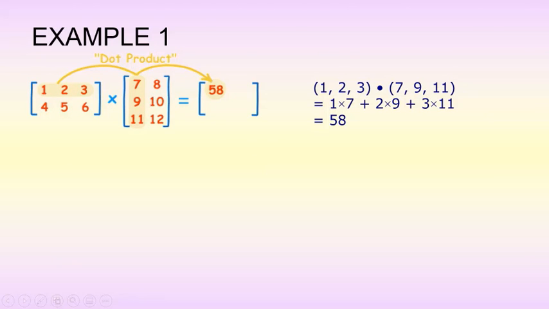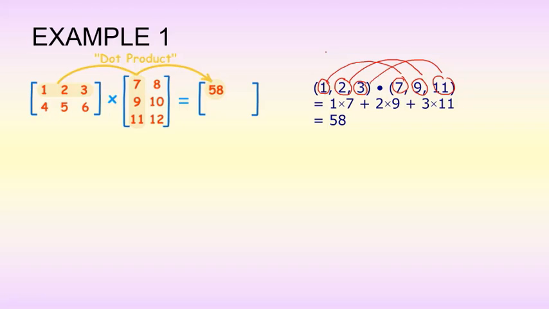Okay, let's see the first example. We call this process a dot product. Here the first row must be multiplied with the first column by using the dot product: first with the first, second with the second, and third with the third entries.